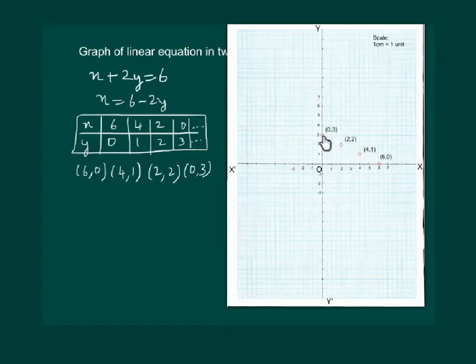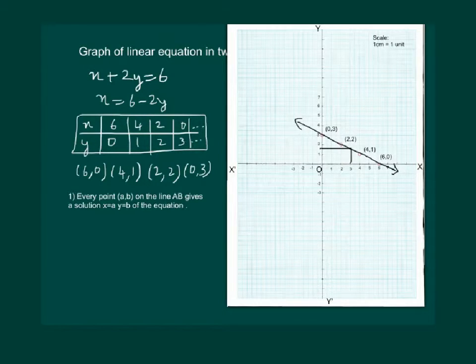Now let us join these points. On joining, we get a line. Say we call it AB. Then we can say that any point on this line, we can also extend it, will satisfy the equation x plus 2y equal to 6 and will be a solution of this equation.